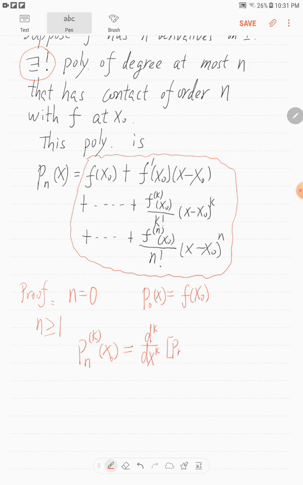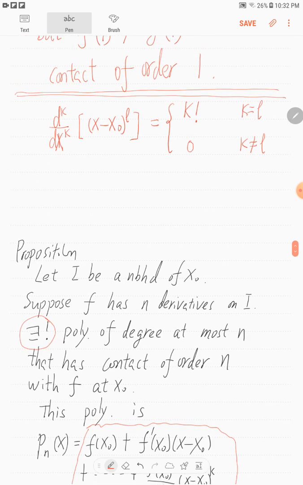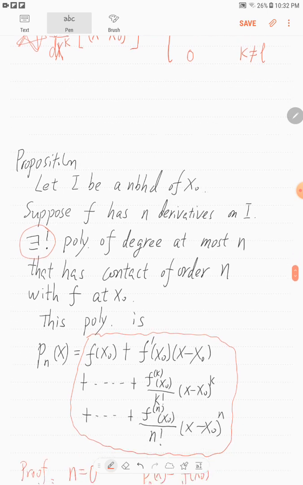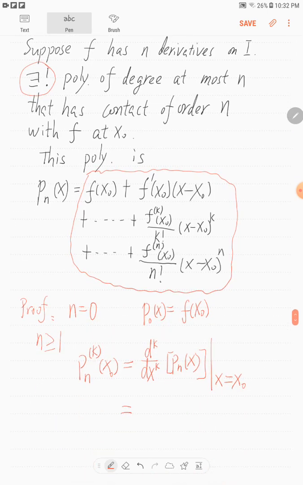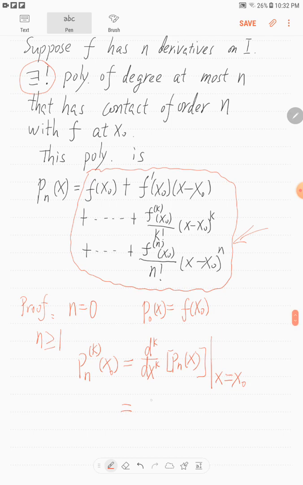If you do the calculation using this formula, for the right side, you will see it's equal to the kth derivative of f at x naught.